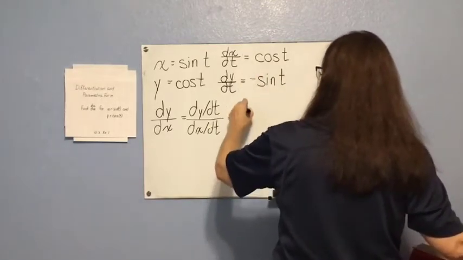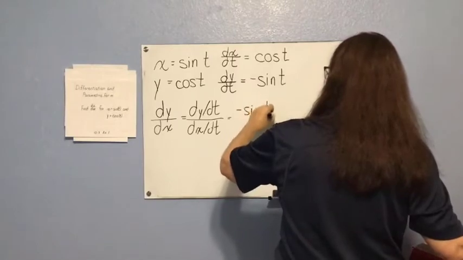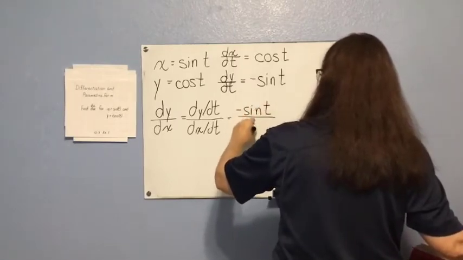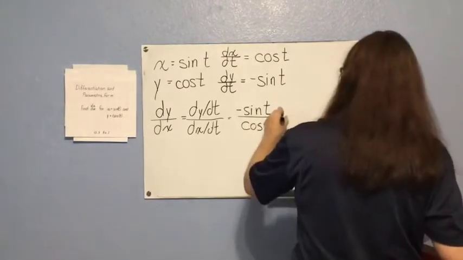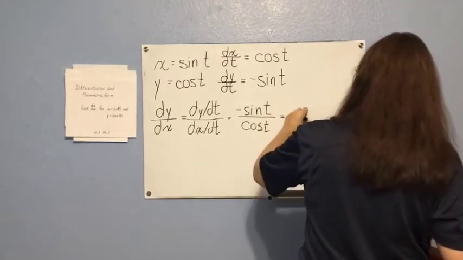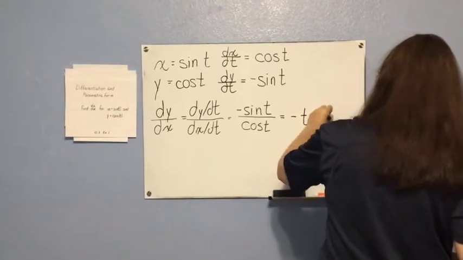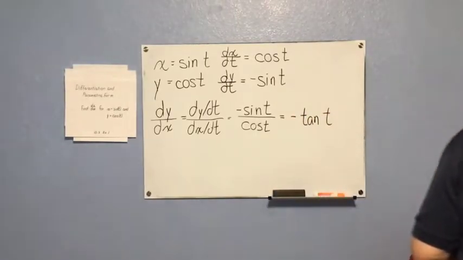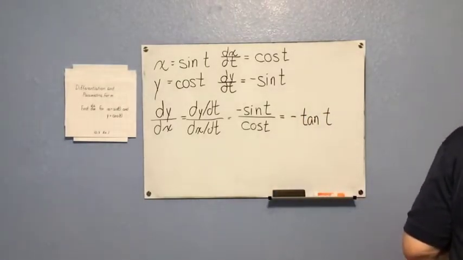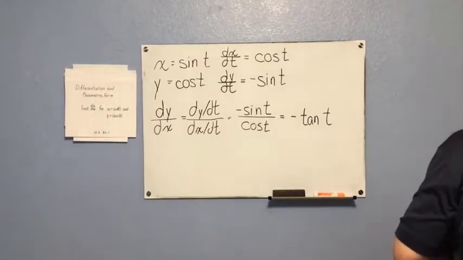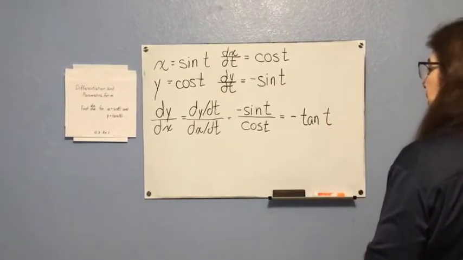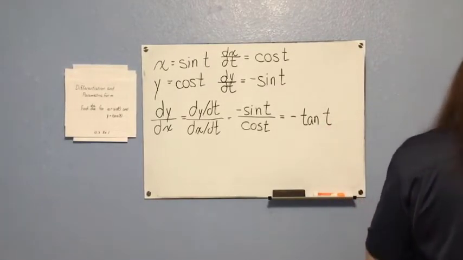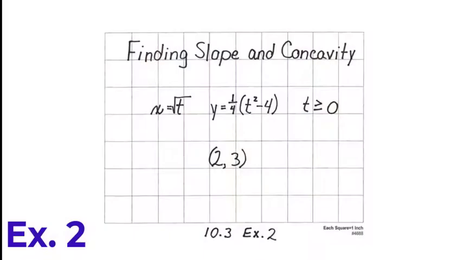So I've got negative sine of t over cosine of t. So negative tangent of t. Okay. If I wanted to, I could find higher order derivatives by just repeating this process. And we'll do that in just a minute.